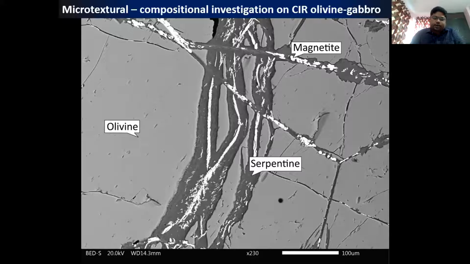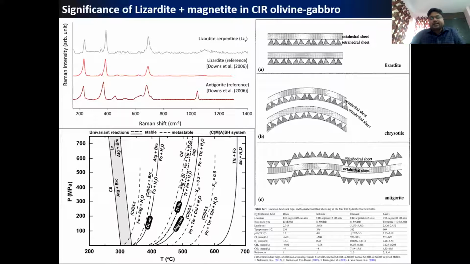Now, as I said earlier, once we have magnetite, we can readily understand that this olivine to serpentine reaction involves the production of hydrogen. The confirmation of the serpentine phase is important because, depending on the serpentine polymorph, we can tell the temperature of the reaction.